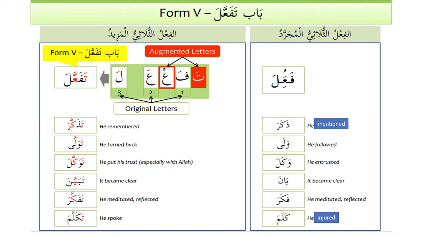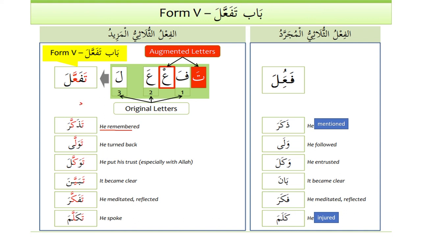More examples. So we have dhakara, means he mentioned, right? And tadhakkara, he remembered. So what happened now? He mentioned, and when it came to form number 5, it became tadhakkara, he remembered, which is reflexive, he remembered something by himself. If you make someone remember something, we use form number 4.